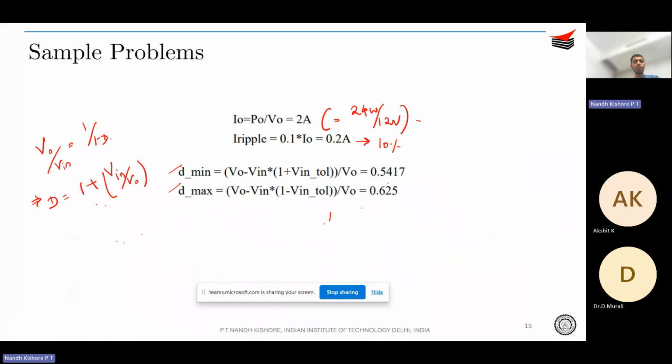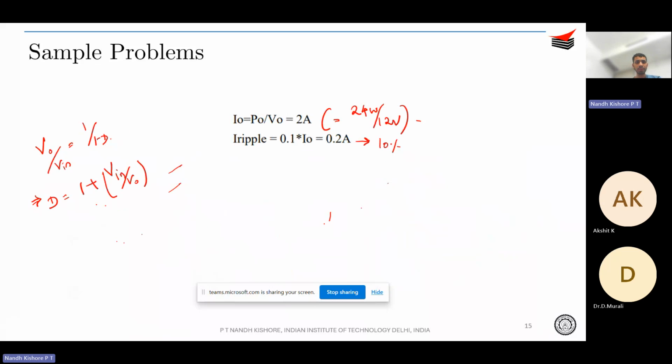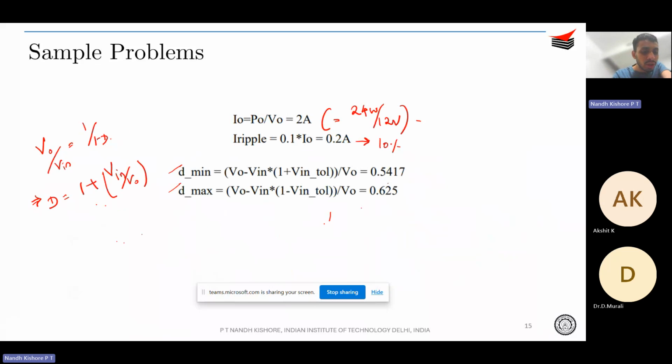So for the maximum value of Vin, D is also maximum. That is, D max occurs for Vin max, and in this case it is computed as 0.625. Similarly, D min would occur for Vin min. So you compute D min and D max.